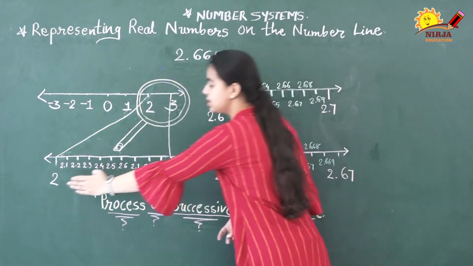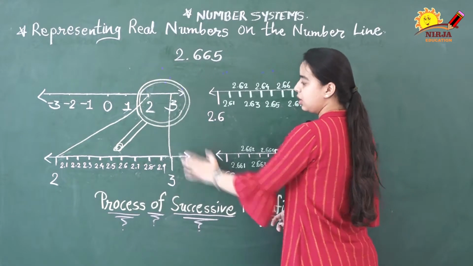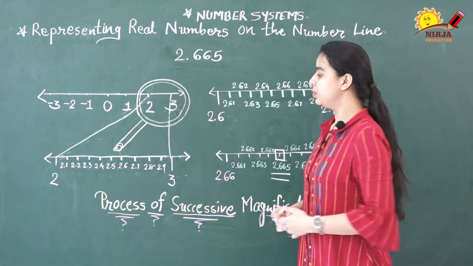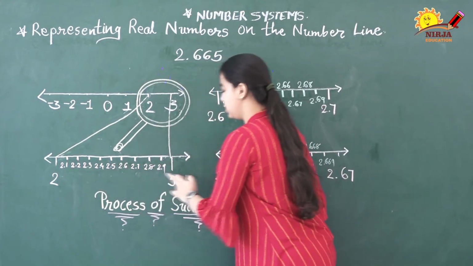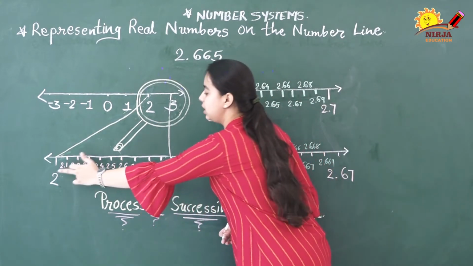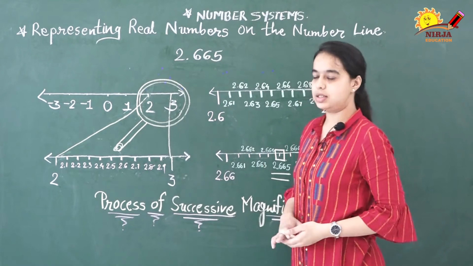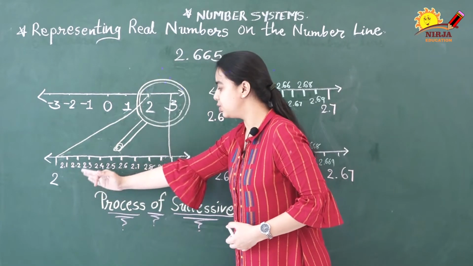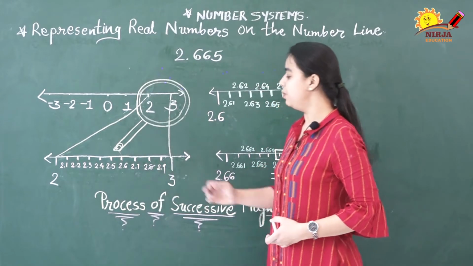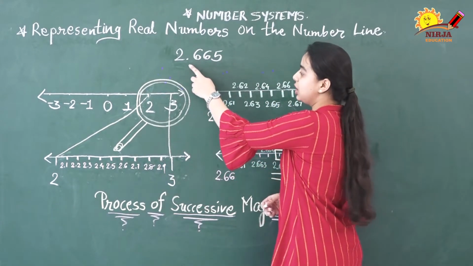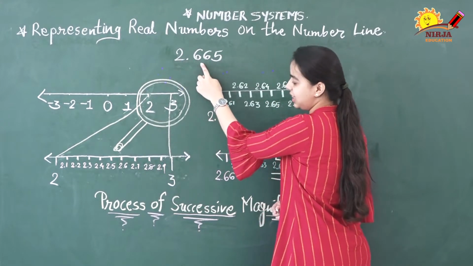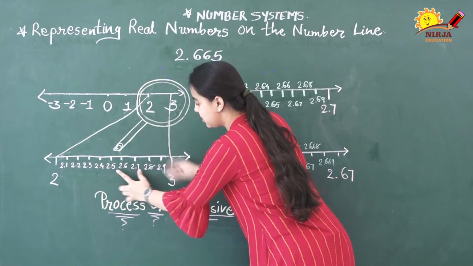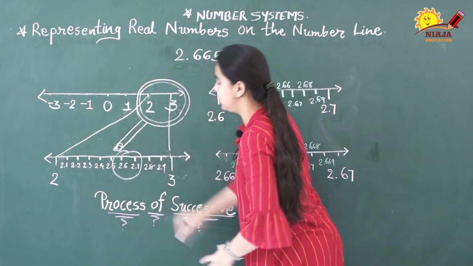Here I have taken a separate number line for 2 and 3 so that we can have a clear idea about it. Suppose I have divided this portion between 2 and 3 into 10 equal parts, and I have indicated 2.1, 2.2, 2.3 and so on up to 3. As you have noticed, the number 2.665 lies between 2.6 and 2.7.